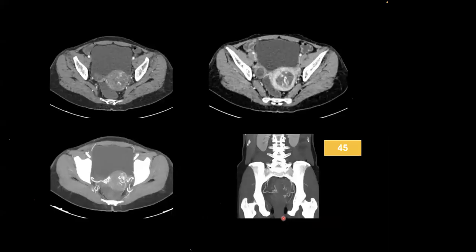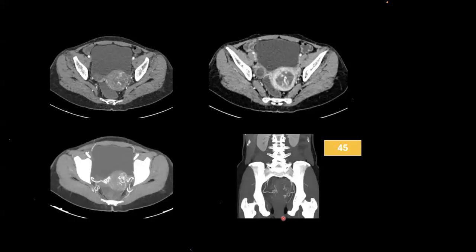45. Yes, most of you are getting it correct.